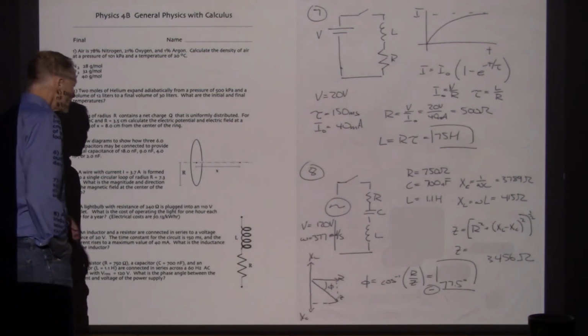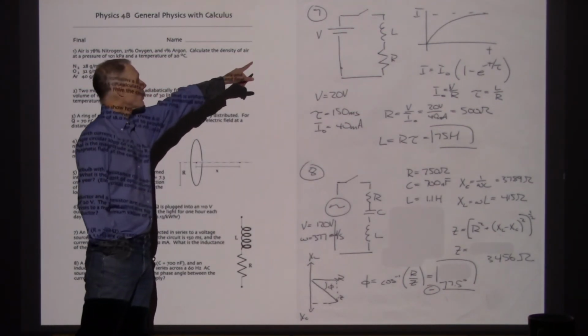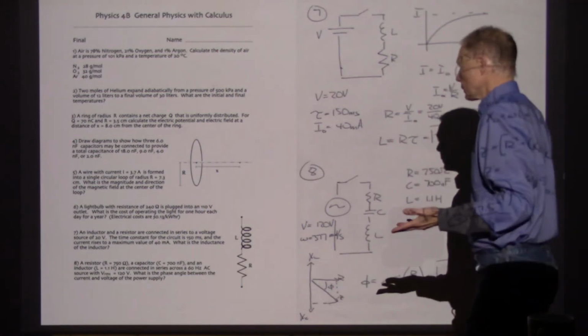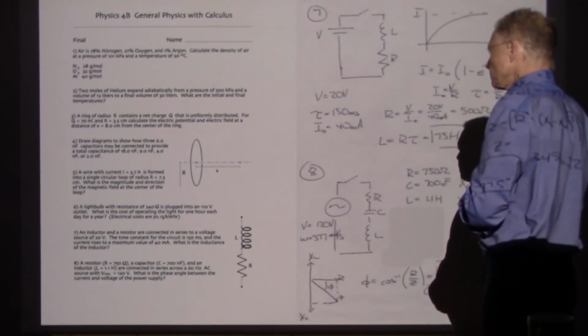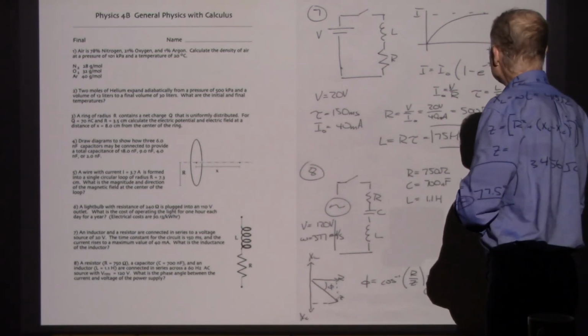So here is the inductor and here is the resistor, and I'm moving ahead with my 20 volt battery. Now this is an LR circuit, and we've looked at LR circuits, and it says that the time constant for the circuit is 150 milliseconds.